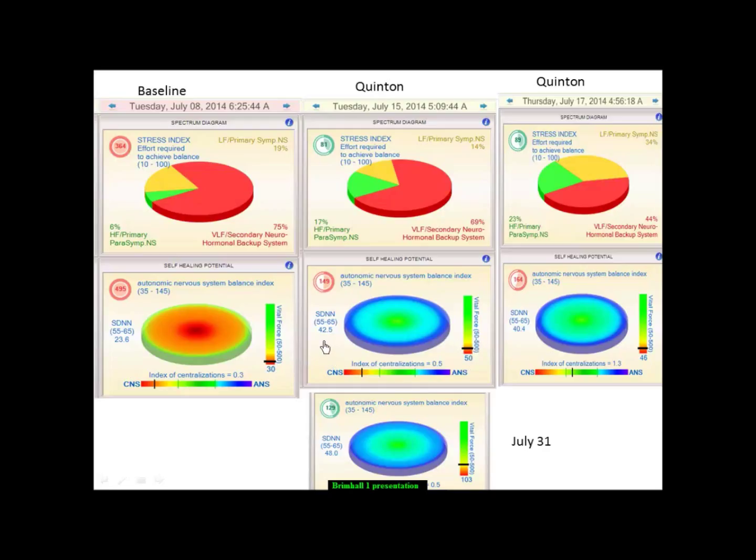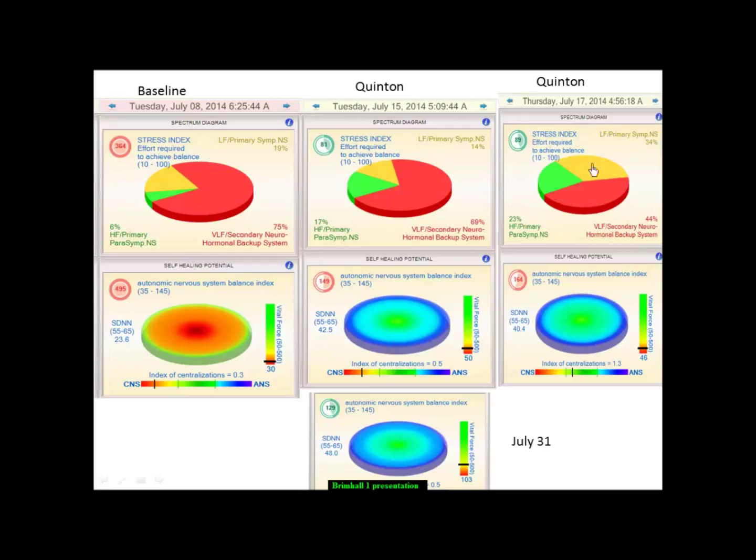We can see his SDNN number is starting to go up from 23.6 to 42.5. We can see that improvement. That's great. As we go further down here, the stress index came up a little bit, but it's still within range. We can see that obviously the red has come way down. The VLF, very low frequency, is the secondary neurohormonal backup system.